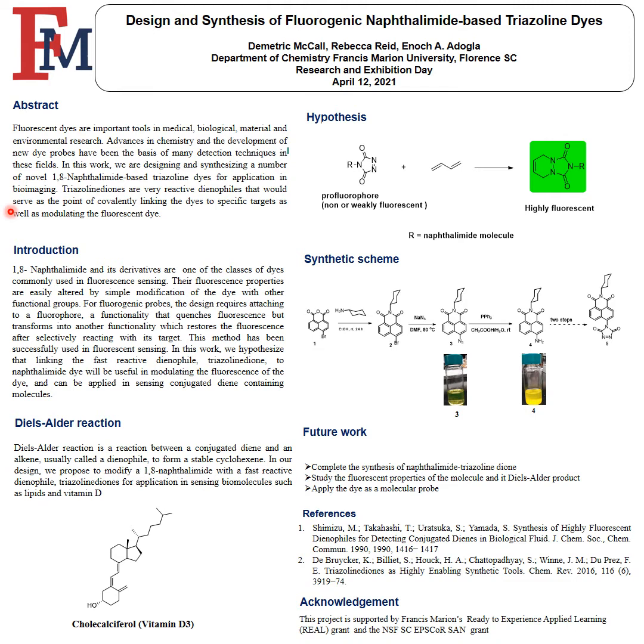One very important thing I want you to pay attention to is this right here. This is a profluorophore, and we expect it to be non-fluorescent or weakly fluorescent, if it is fluorescent at all. But as soon as it reacts with this diene, then we want it to be fluorescent. You may ask, what is a fluorophore?